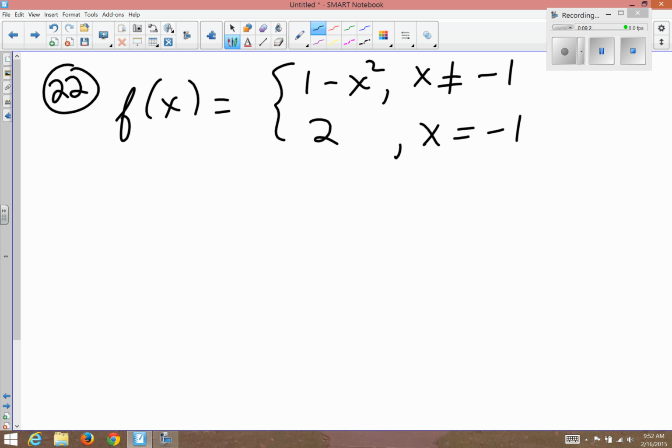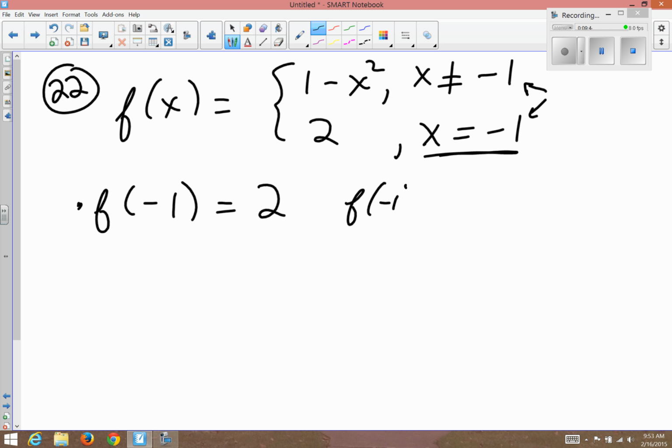The directions are to define the points of discontinuity. So we say there could be discontinuity at negative 1. So bullet by bullet. Does f of negative 1 exist? f of negative 1 is 2. f of negative 1 does exist.